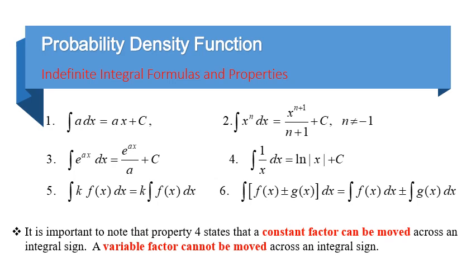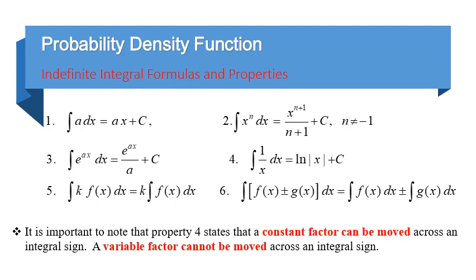Now, since we need to integrate under the probability density function to obtain a required probability for y, which is a continuous random variable, we need to remember the integration rules or formulas, which are very simple. As you see here, we will not go through the hard or complicated ones.